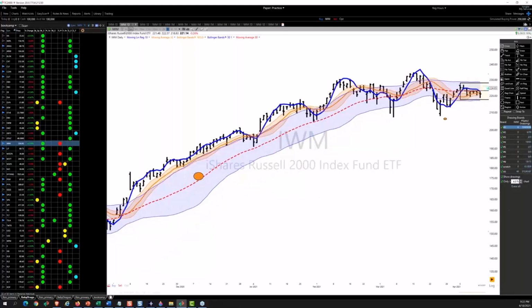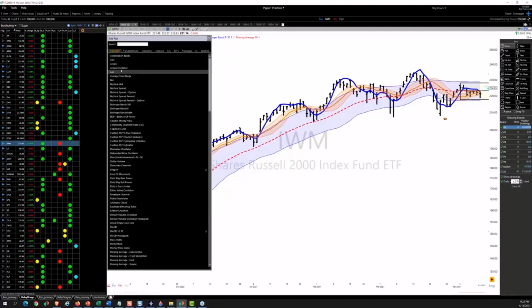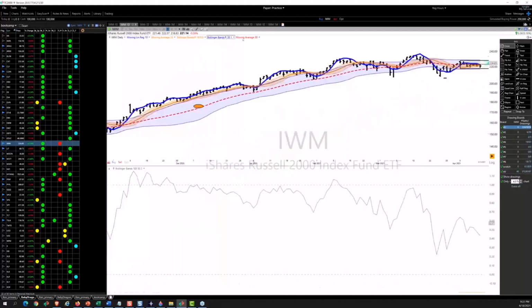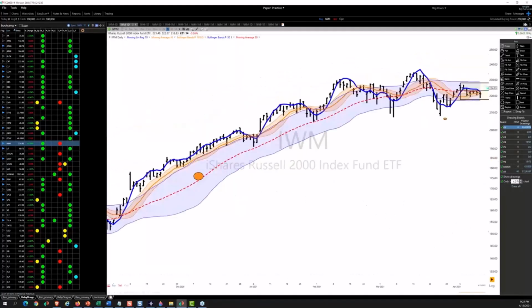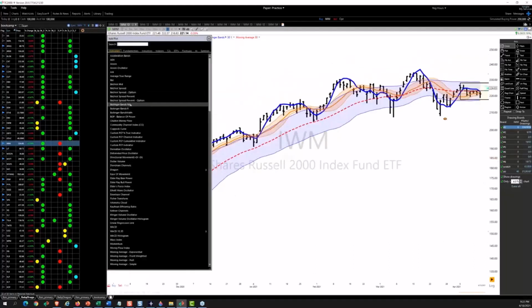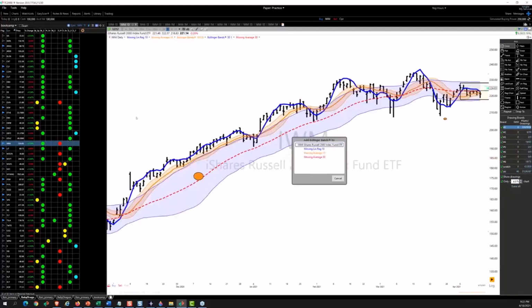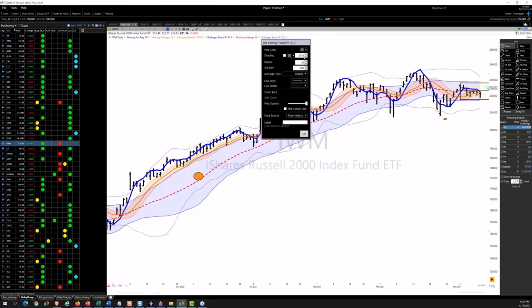Now, when I add the 30 period Bollinger Band plus or minus 2, oops, wrong one. Bollinger Band. So edit. I want that to be dark blue.